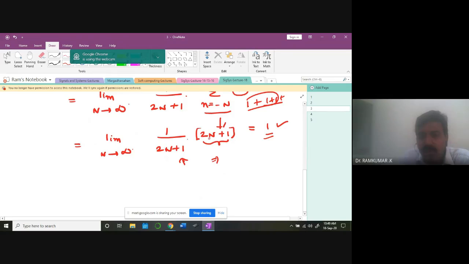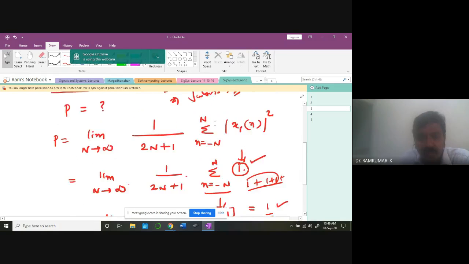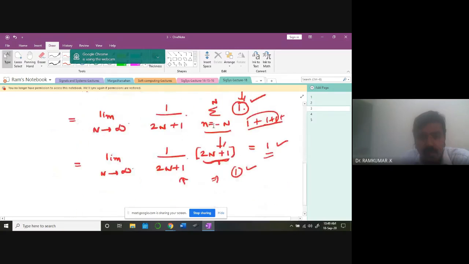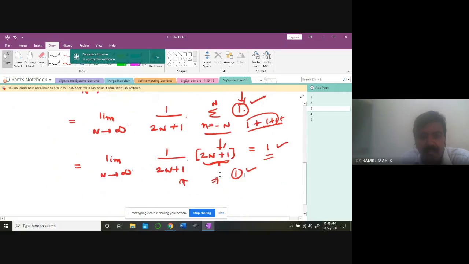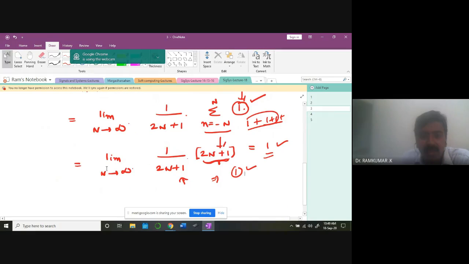Between 2 time periods, you will have 1, 1, 1, like that. 2N plus 1 is there inside that total, n equal to minus N to N. So that's the third problem. Easily you can compute the power of this signal. Even though N tends to infinity, it's a periodic waveform, therefore 2N plus 1 by 2N plus 1, the value is 1.